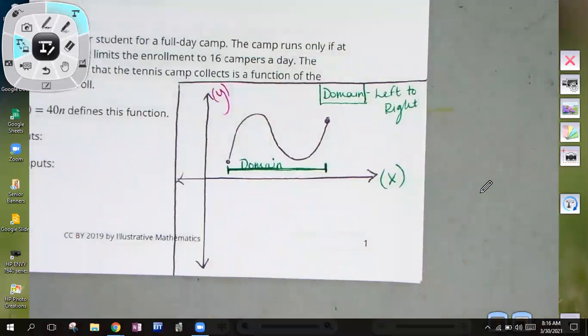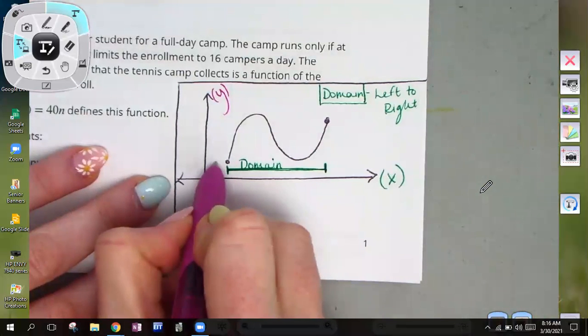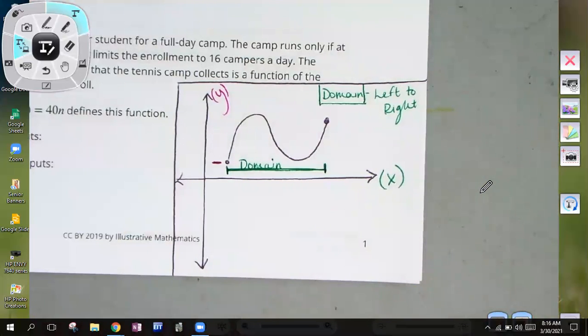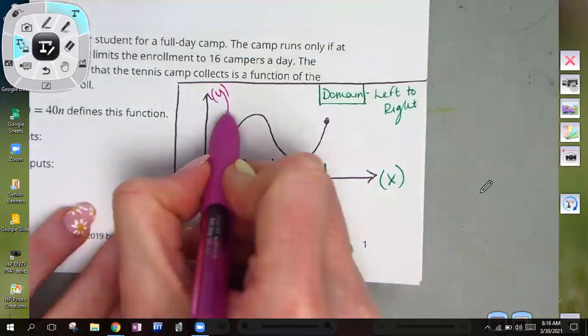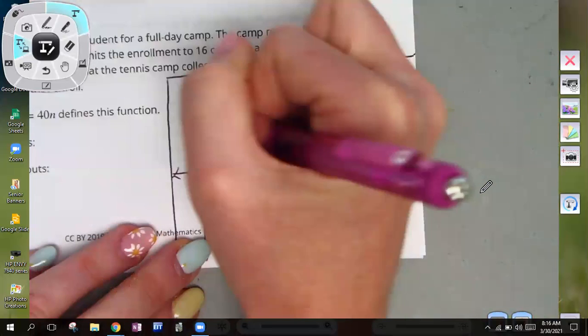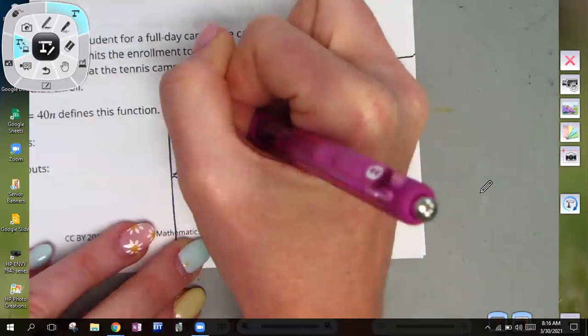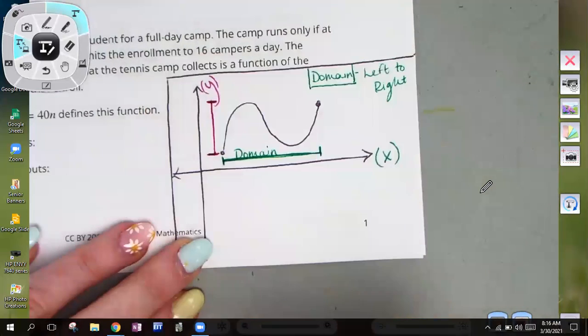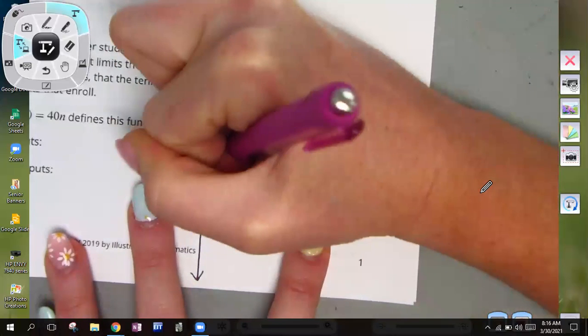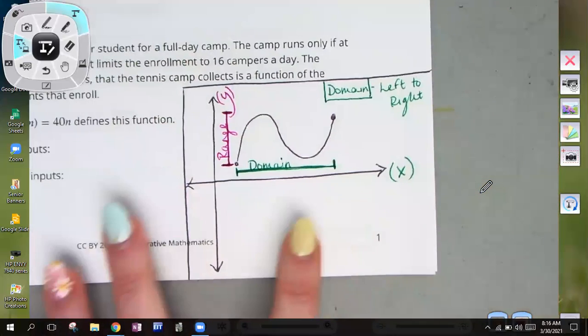Okay, so the range is all of your y values. How does the y-axis move? Up and down. So you start at the lowest point of your function, and then you go to the highest point of your function. Yours may look a little different than mine, but about right there. So from the lowest point to the highest point of your function, that is considered your range.